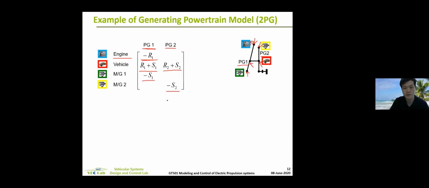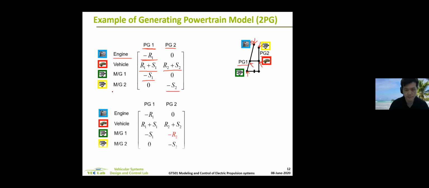Okay. Now you're done. Rest will be zeros. So it's not that bad, right? You just need to repeat this process. So if you have this lever representation, you can directly get this D matrix.